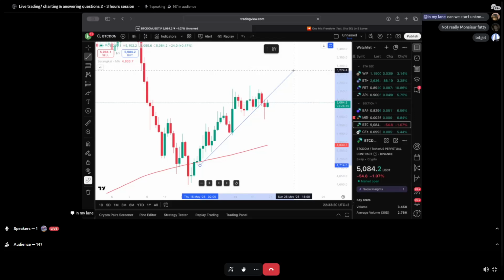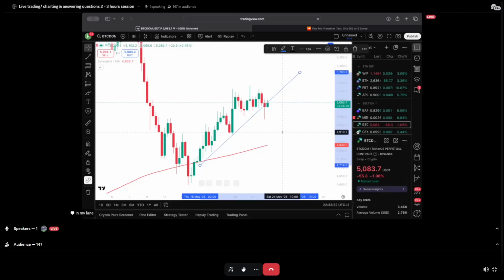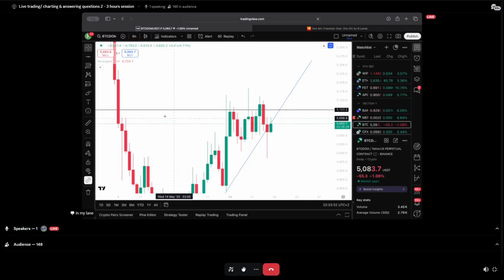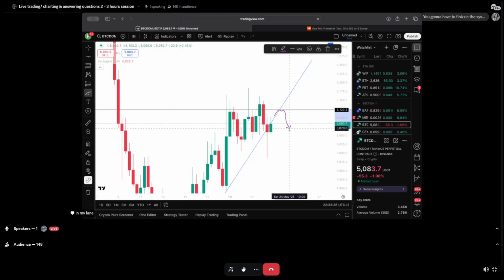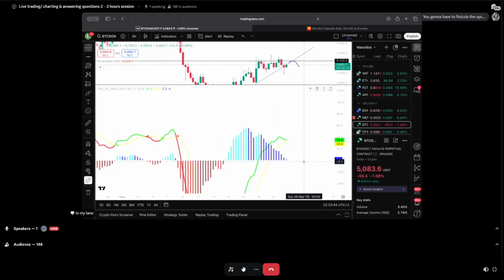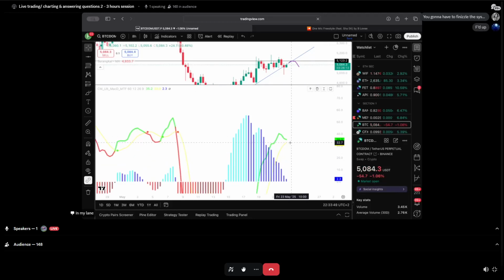Look here, it broke down and retested the trend line. So we have the resistance here. Like retested, we might go here also. Retested, then we have a bearish cross. Usually this indicates that the volume is moving out of the coin.